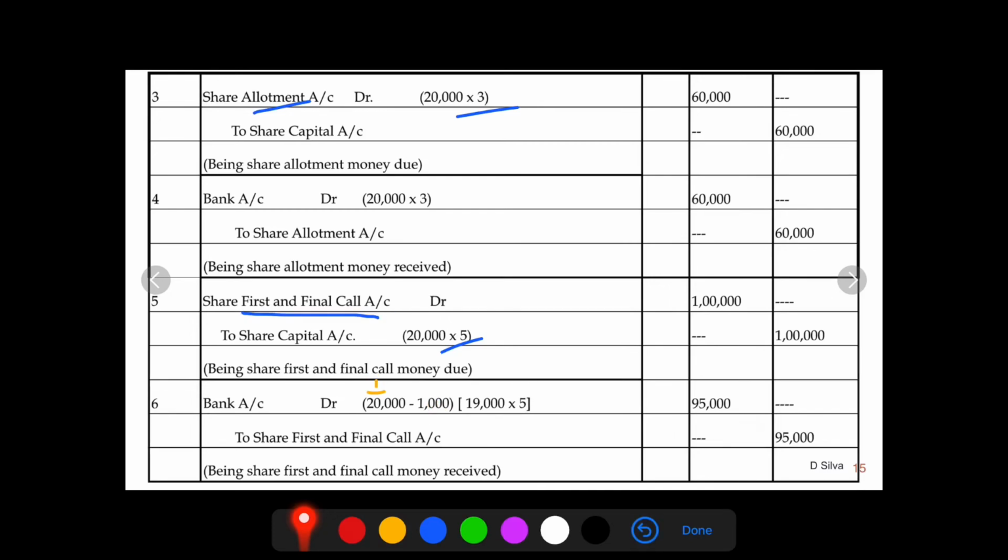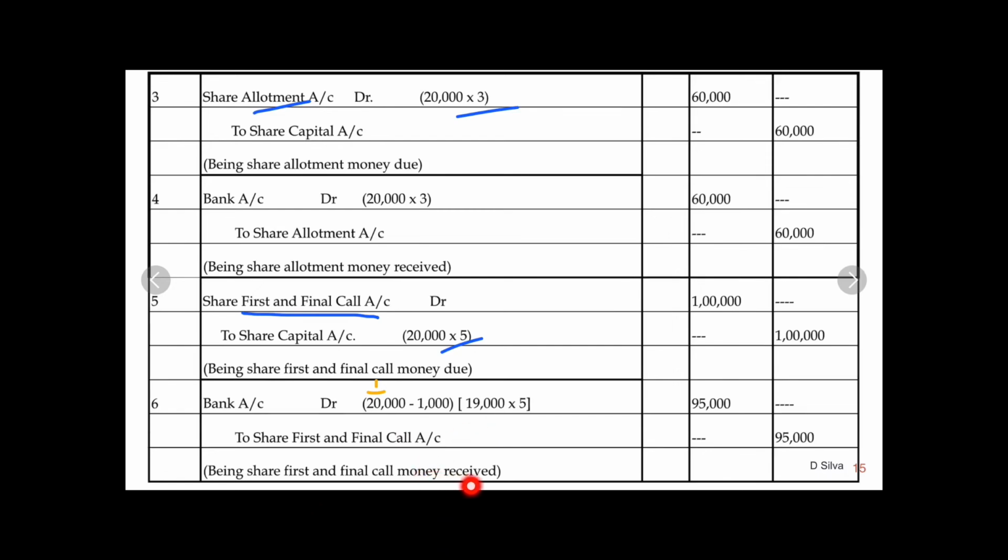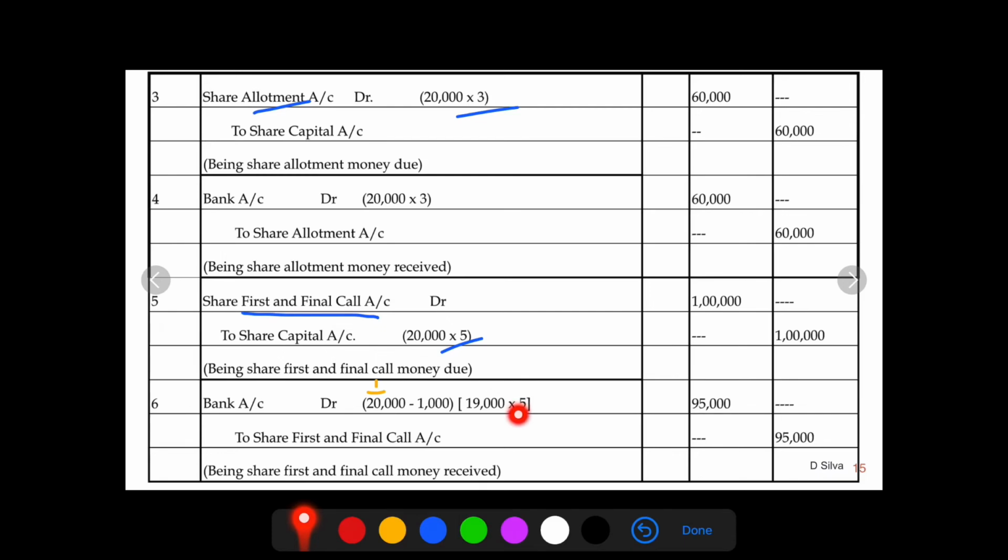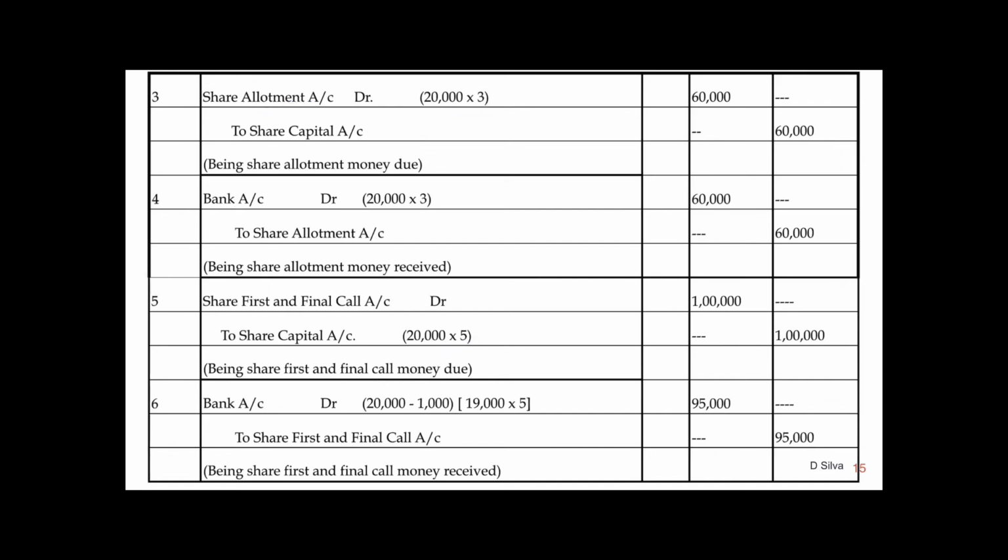So what do we understand? Out of 20,000 shares being issued, for 1,000 we are not receiving money. So we are not going to show that. We are showing only the shares for which the money is being received on first and final call, at 5 rupees, which is 95,000. This amount where we haven't received the money is considered to be calls in arrears. Kindly read the meaning given in your notebook.